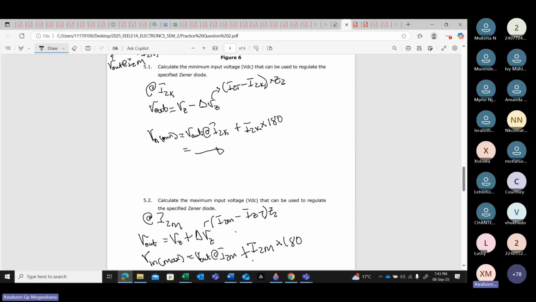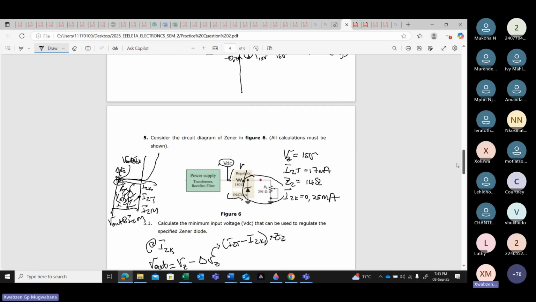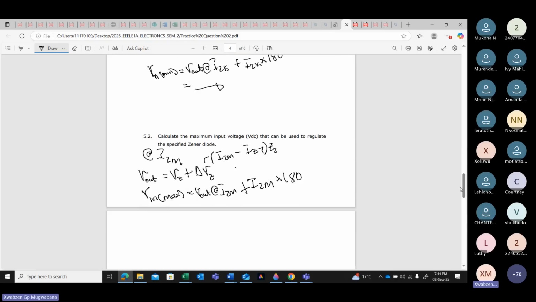But here you will see it's talking about IZM. If I look at what I have here, I've got V Z, IZT, IZK. What is missing? IZM. How do I find IZM? IZM will be given by power dissipation divided by V of Z. That is my IZM.